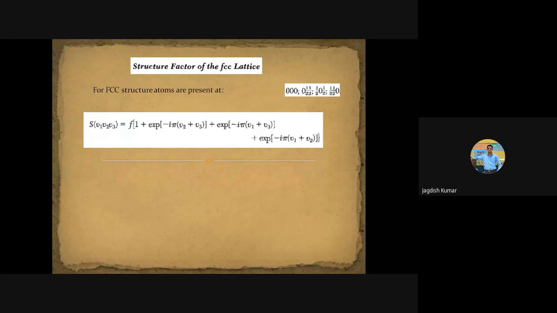So now I think you have answered the question. What all peaks are visible or observable for an FCC lattice? All those peaks for which the Miller indices are either all even or all odd. In case any one of the Miller indices is even and the other 2 are odd, or vice versa, then we won't be observing those peaks.